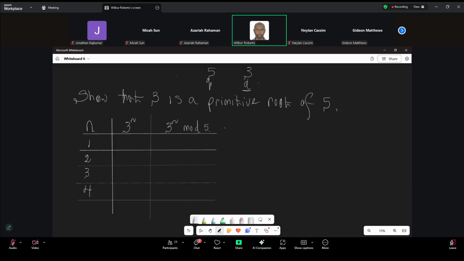So you should also be able to work that basically in your head. So 3 to the n, if n is equal to 1, 3 to the n is 3. If n is equal to 2, 3 to the n is 9.